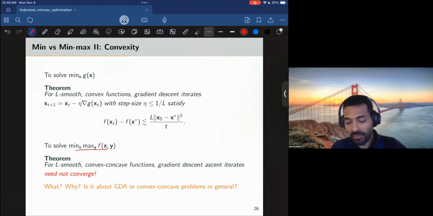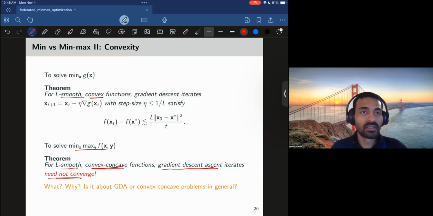Suppose we have a min-max problem, which is smooth, like here, and it is convex concave now. So here we had convex functions, here we have convex concave. Both of them look like a very similar class of problems. But now, it turns out that gradient descent ascent iterates need not converge.